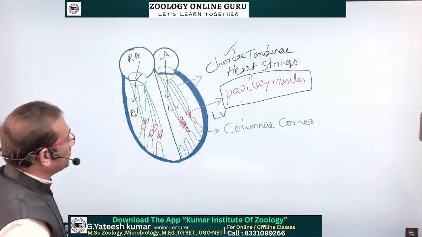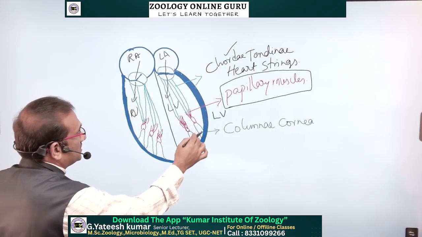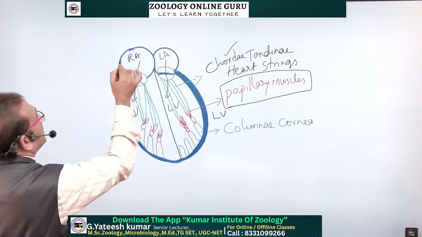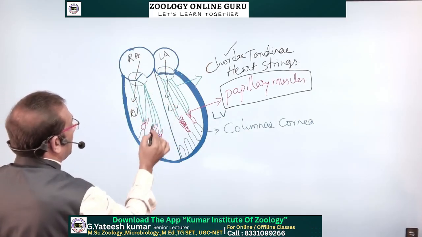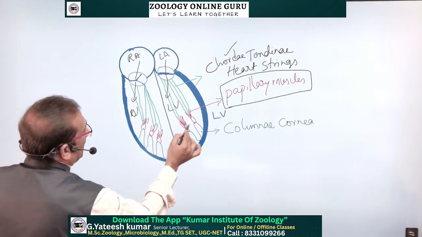Heart strings are important, and the elevations of the inner wall of the ventricles are known as columnae carneae. Right atria is larger than the left atria, and the right ventricle is also larger compared to the left ventricle.